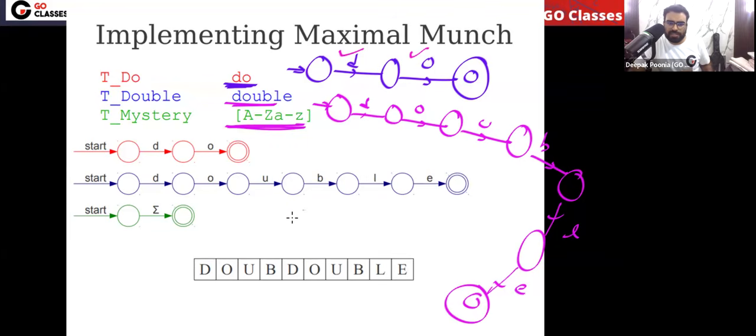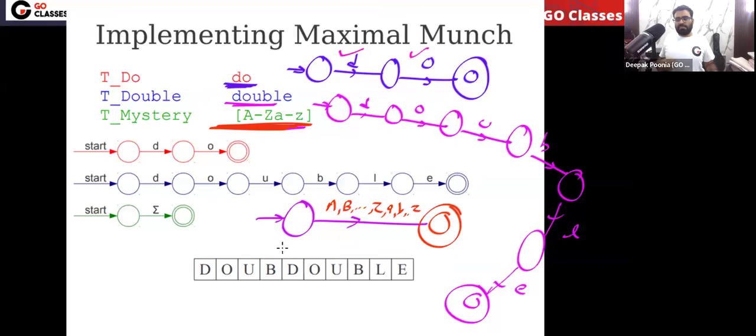This regular expression means a single character. So from the initial state one letter should come. Remember, one letter should come, either capital A, capital B, and so on, capital Z, or small a, small b, and so on, small z. Basically only one letter should come, that's it. Then you go to final state, no more extra letters should come in the final state. So this is how you can convert these regular expressions to NFAs.